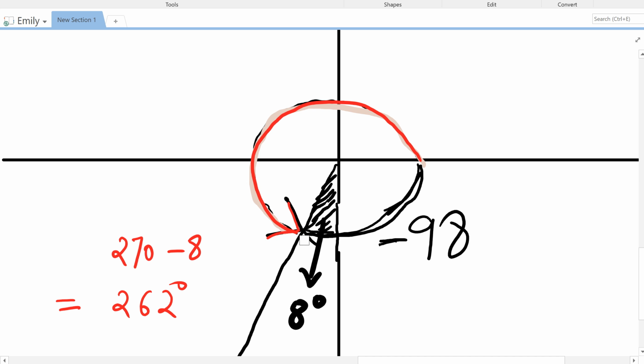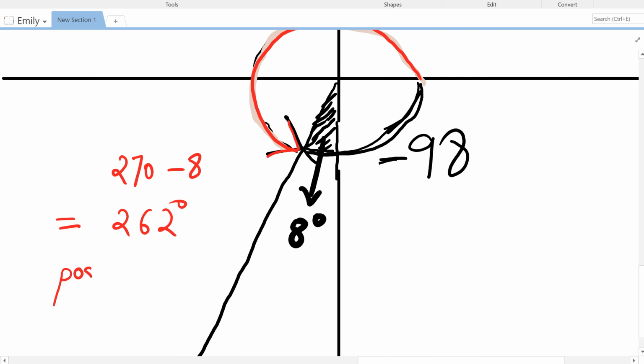And that is going to be positive because you're doing anti-clockwise, right? Positive. The reason is because it is an anti-clockwise rotation.